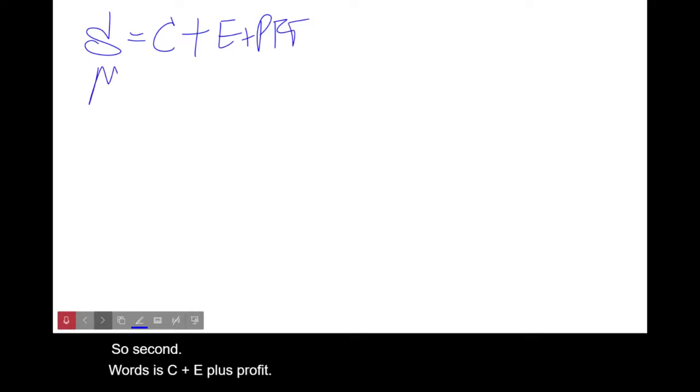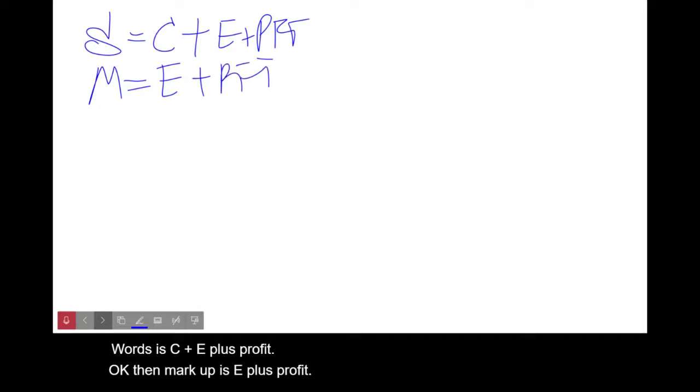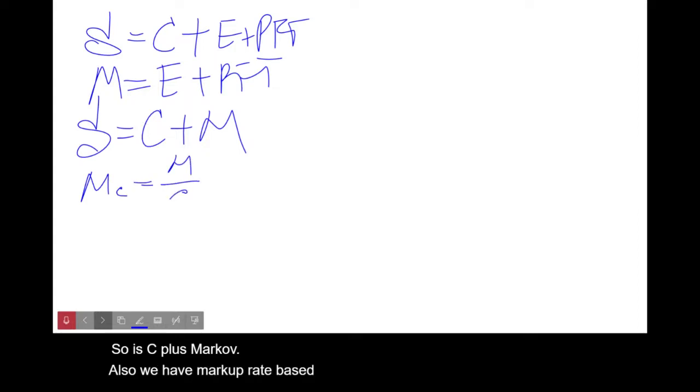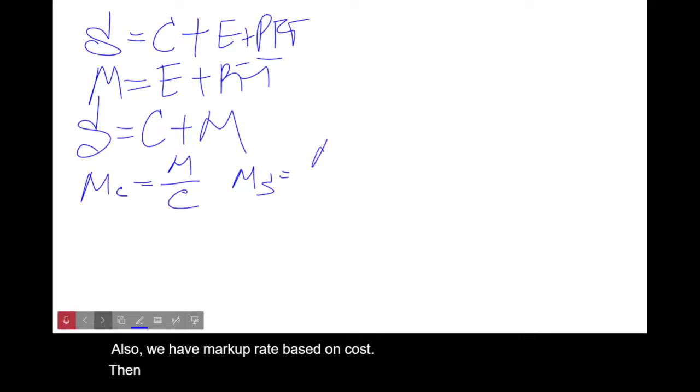Then markup is E plus profit. So S is C plus markup. Also, we have markup rate based on cost and markup rate based on selling price. Right? What else do we have?